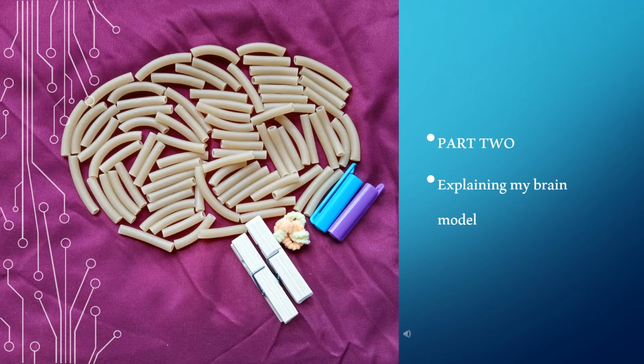The macaroni represents three aspects of the brain, which are the frontal lobe, parietal lobe, and temporal lobe. The blue and purple caps represent the occipital lobe. The orange and yellow hair ties represent the cerebellum, and lastly, the plexes represent the brainstem, which is actually bigger in reality compared to this.